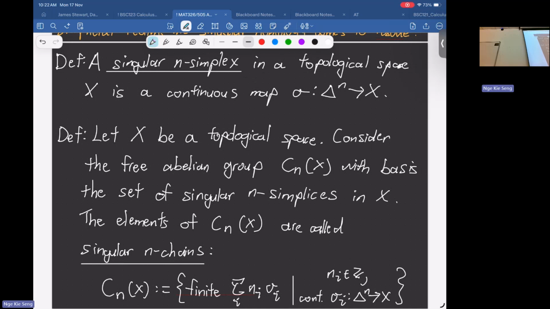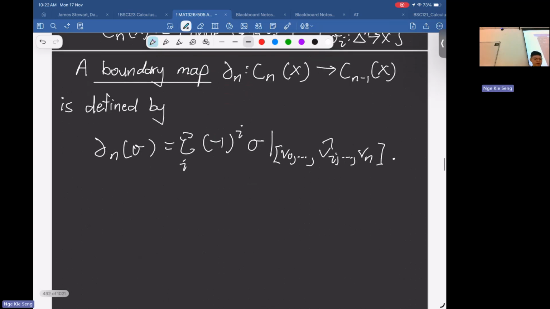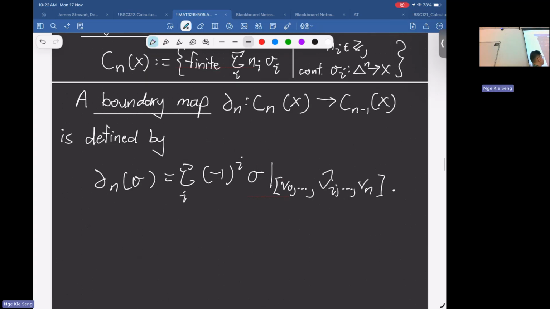So you are lacking one vertex, meaning you should throw away one of the vertices. So you can consider the boundary map as this alternating sum, where you just restrict your sigma to the faces.